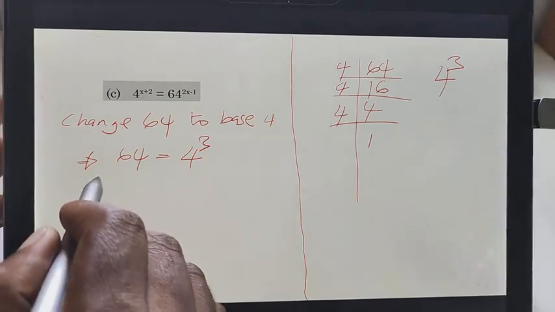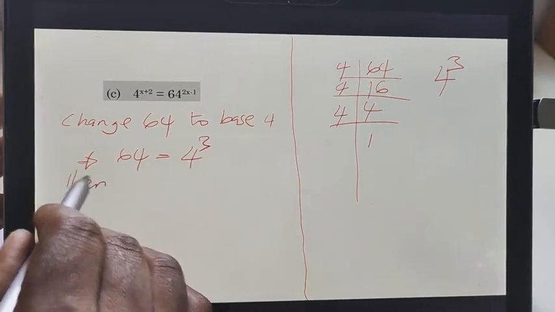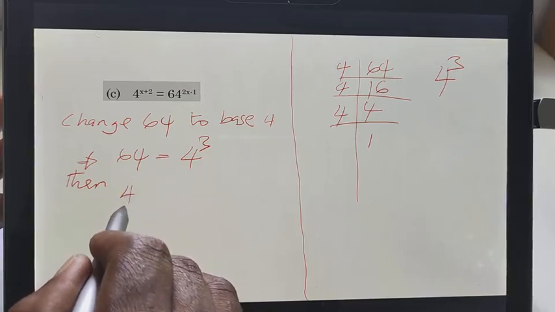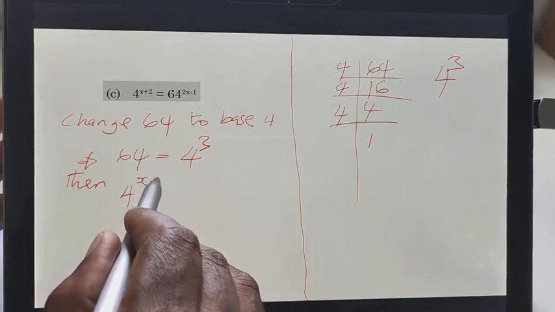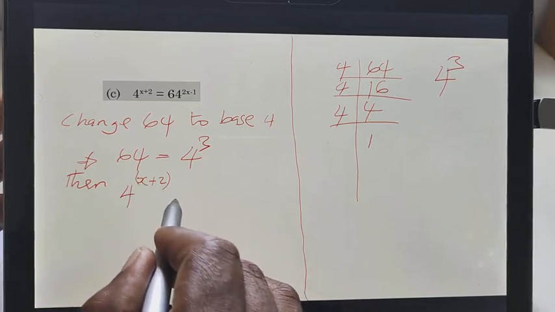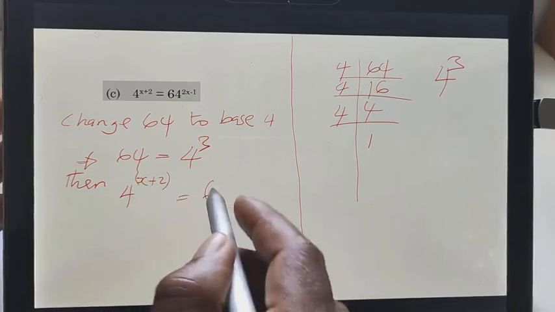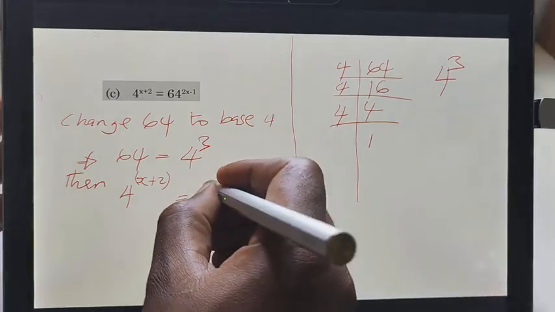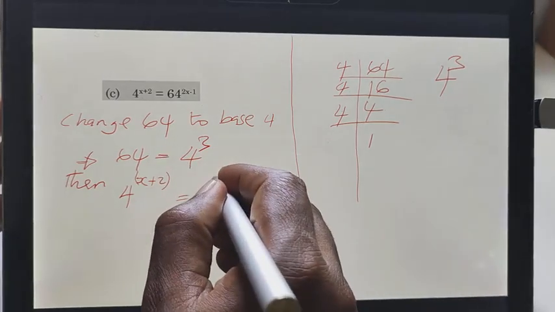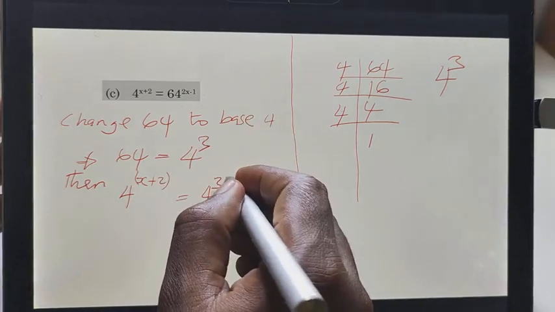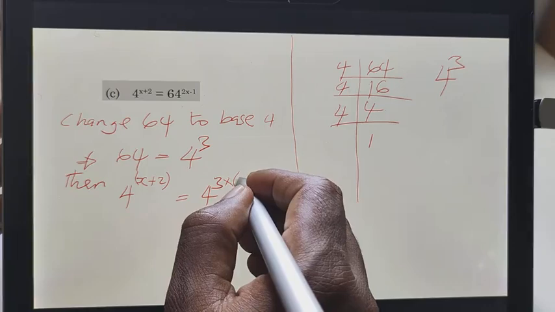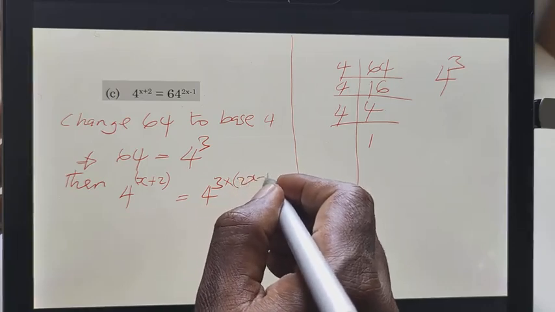Okay, then let us rewrite. We'll have 4 to the power x plus 2, it's good to put brackets, equal to 64. Instead of putting 64, we are going to put 4 to the power 3, and that one should be multiplied by 2x minus 1.